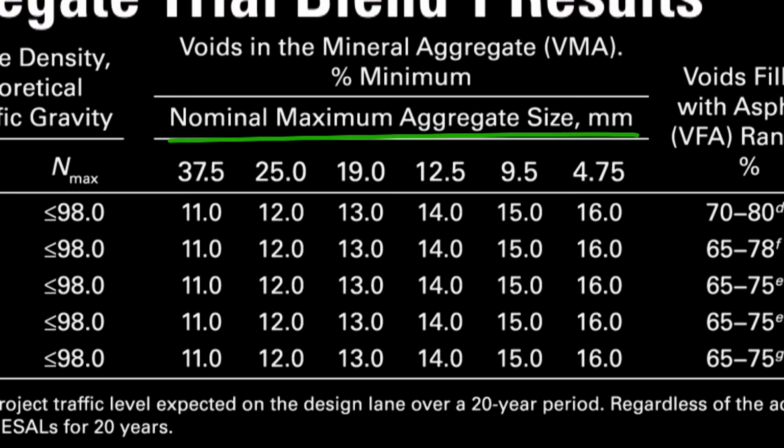This is because smaller particles have a greater surface area and therefore require more binder than larger particles to coat them. We see that for our nominal maximum aggregate size of 9.5 millimeters, we have a minimum VMA requirement of 15.0%. We estimated that our VMA would be 14.54% at our corrected binder content. Therefore, we fail to meet this SuperPave requirement.